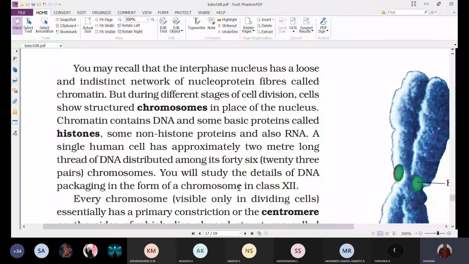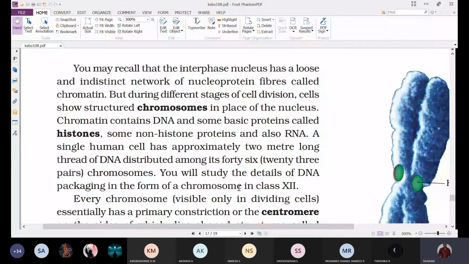How this packaging occurs, we will study in detail in +2, in the chapter on molecular basis of inheritance. Okay, that is.